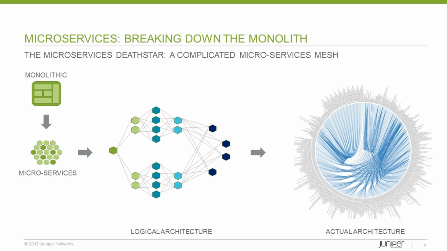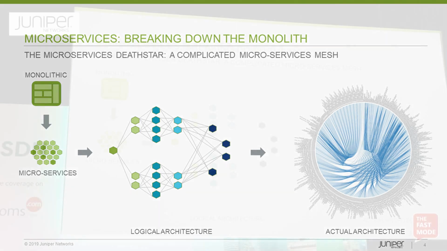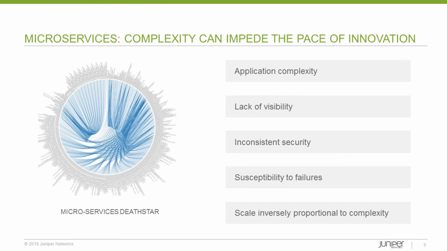it's just phenomenally very high. So the problem with this is that the application complexity becomes very high, because now this little application that I have broken out of the monolith is responsible for making sure that it can talk to all the other parts of the other little applications that exist.